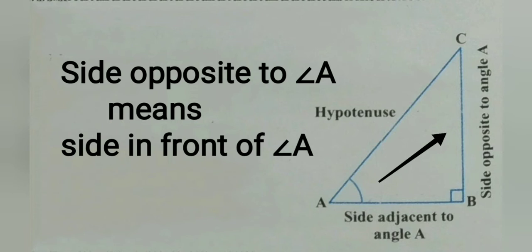Of the three sides of a right triangle, the hypotenuse is the largest side.